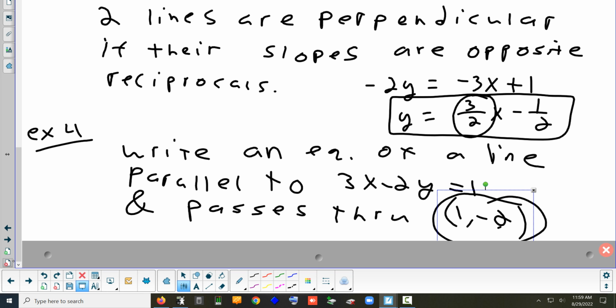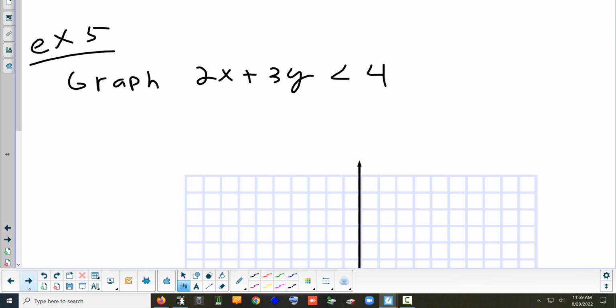And the last thing, this finishes the section, is an inequality where you either shade above, or shade below. So for example, I'm not even going to go through all the rules, but if you wanted to graph this, what do you think you'd have to do first?